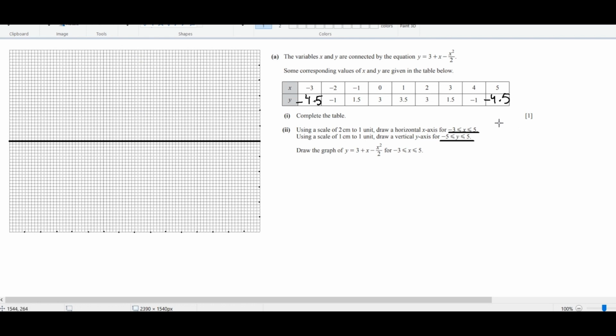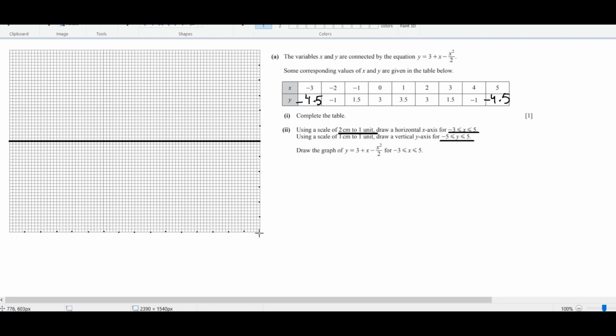And because we need more positive x-axis than the negative x-axis, we need to follow the scale as well. It says 2 centimeter is equal to 1 unit. All right.